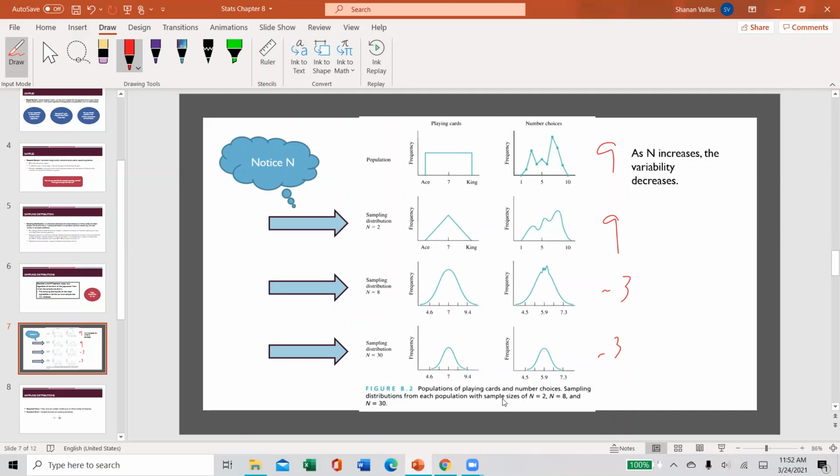So we can't use standard deviation in this instance because that value would be too big. So we're just going to shrink it down a little bit so that it makes more sense for this little guy right here. Let's just say, I don't know what the standard deviation for playing cards is, but let's just say it was 4, okay?